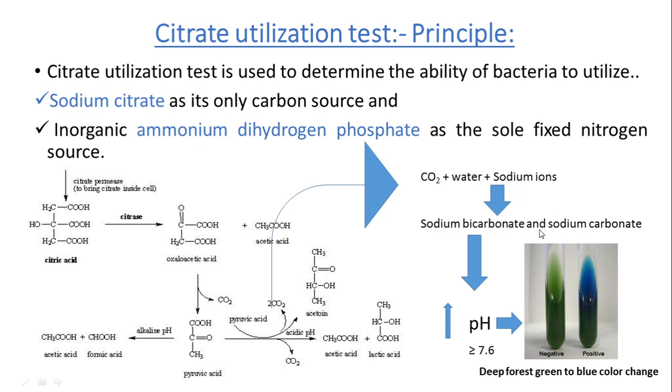These alkaline byproducts increase the pH of the growth medium, and when the pH reaches 7.6 or above, the indicator present in the culture medium, bromothymol blue, gets converted into blue color.